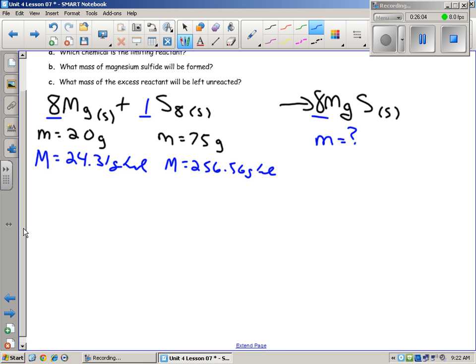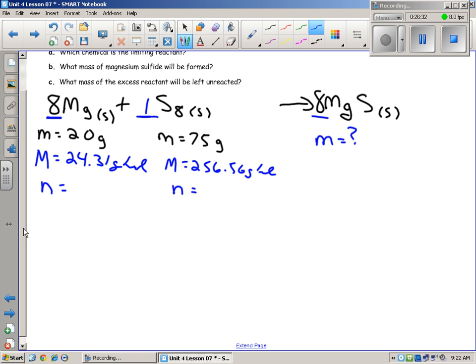The question is this: do I have this ratio, 8 to 1, based on these masses here? Honestly, I can't tell you right now because I don't know. Because remember, we can't compare masses. We can never compare the mass. But we definitely could compare n. So let's find n for both of these.